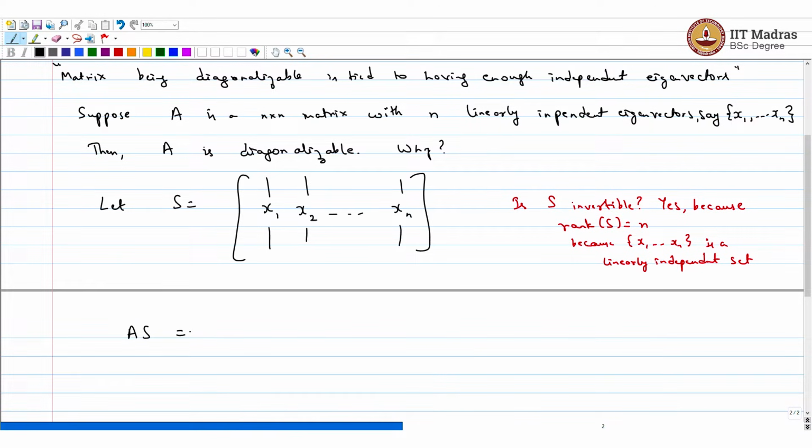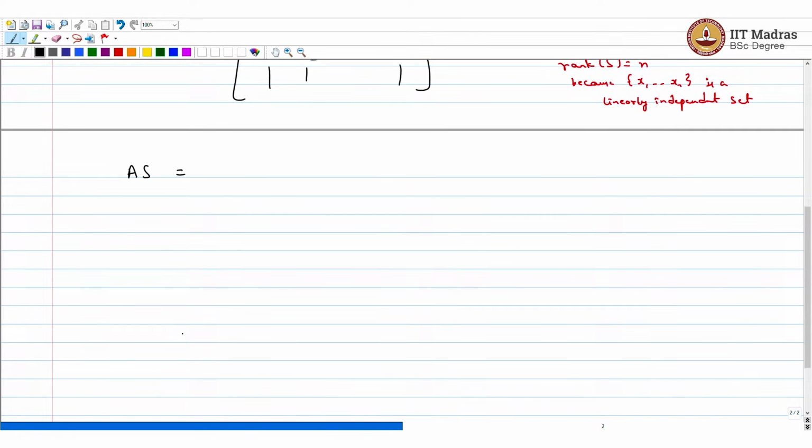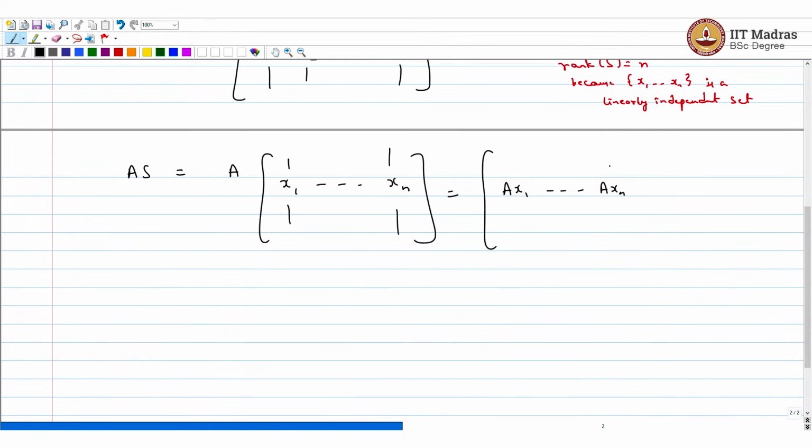What is AS? AS is A times x1 until xn, which is nothing but A x1 till A xn.